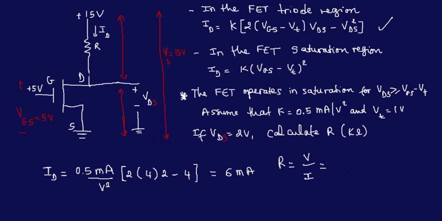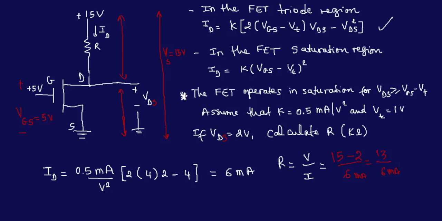So we have 15 minus 2 over 6 milli. So I have 13, no, this is milli, over 6 milli. So that's 13 over 6.